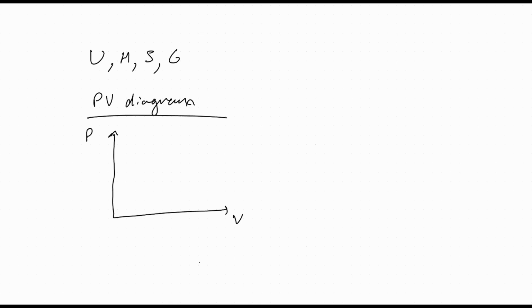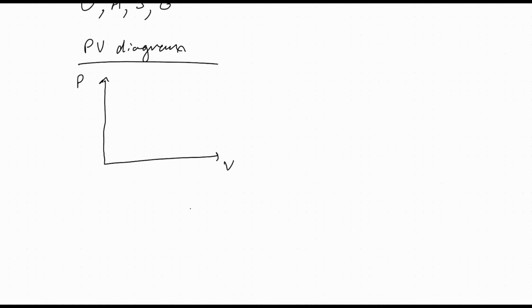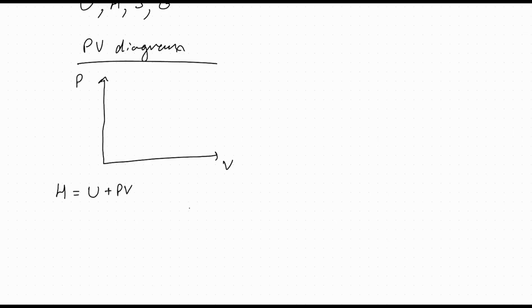Now you may be wondering why do we care about P and V? Well, if you remember from our previous video, the definition of enthalpy is the internal energy plus PV. Why do we add the PV? Well, this PV is actually the flow work, the work done by the fluid.